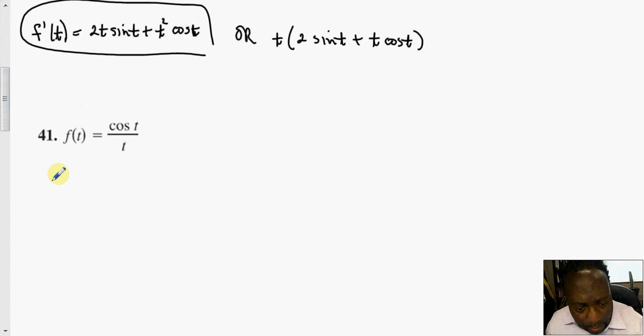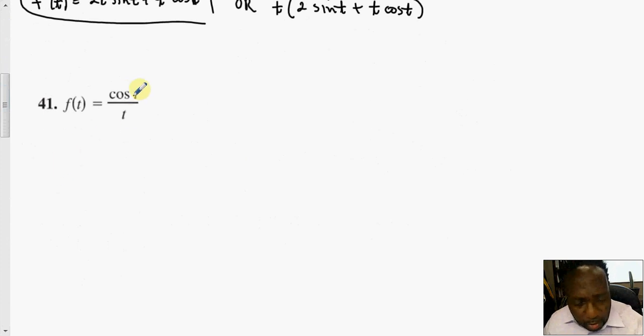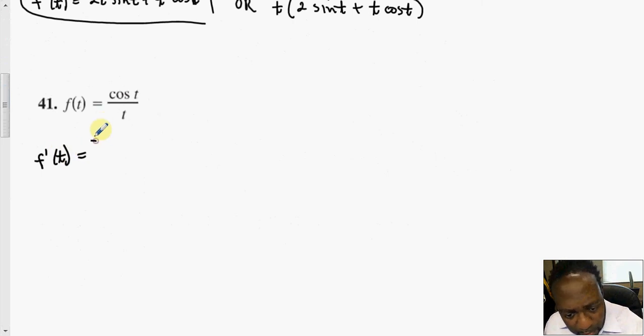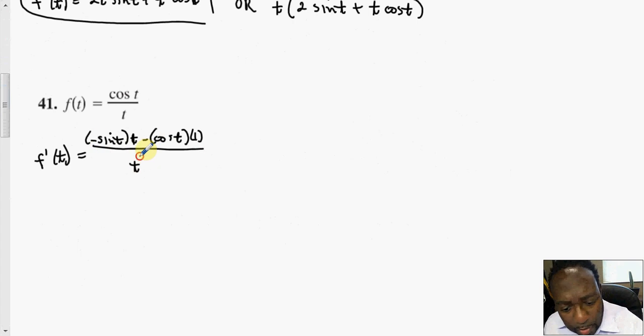Here we make use of the quotient rule. This cosine t and that t have nothing in common. So f prime of t is equal to the derivative of the numerator, which is negative sine t, times the denominator, minus the numerator, cosine t, times the derivative of our denominator, which is just 1, and that's all over our denominator squared.